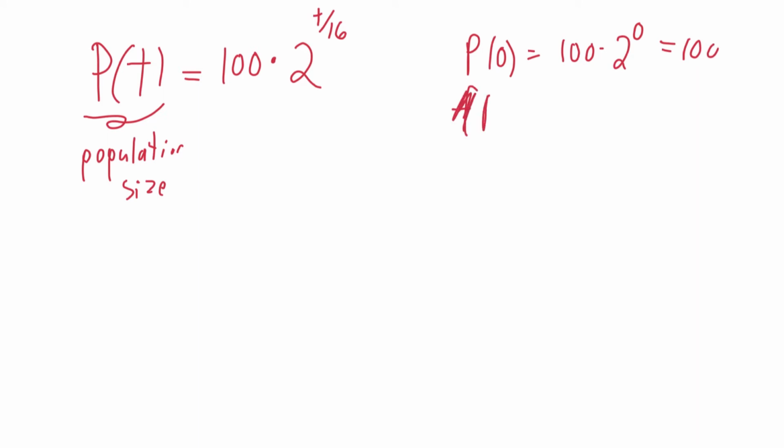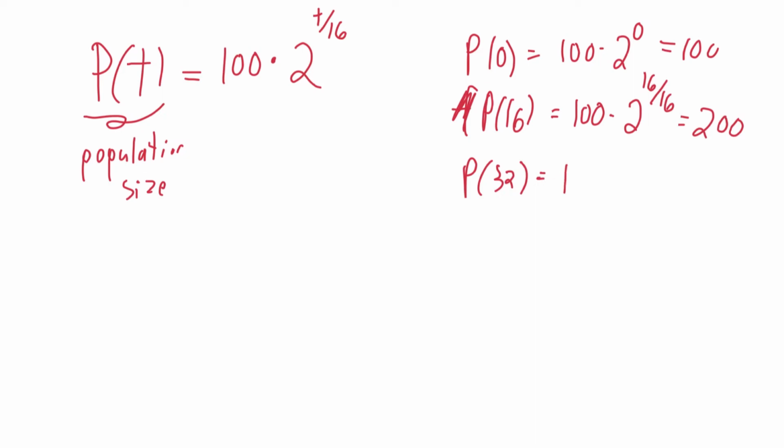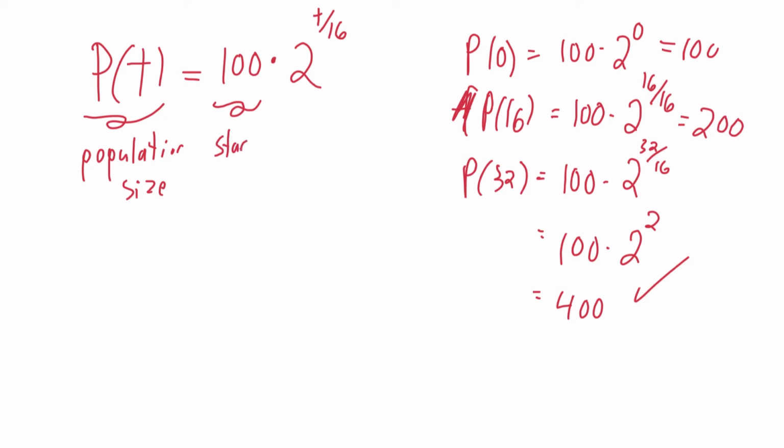After 16 months, I should have double what I started with. So good. And after 32 months, I should have 4 times what I started with. 32 over 16 is 2 squared, so 400. So it checks out. So here's our model. I have my starting population, and then a factor which governs doubling every 16 months.